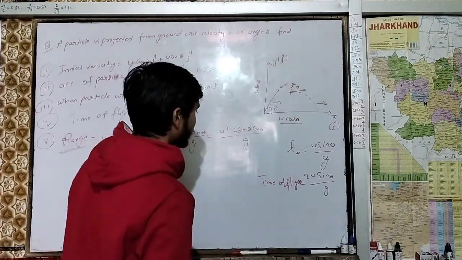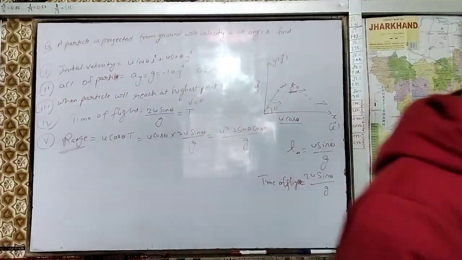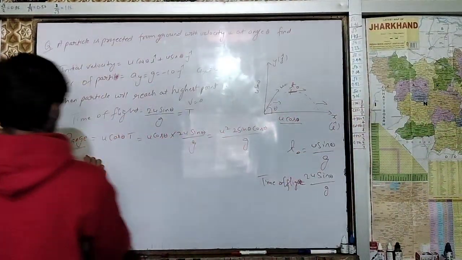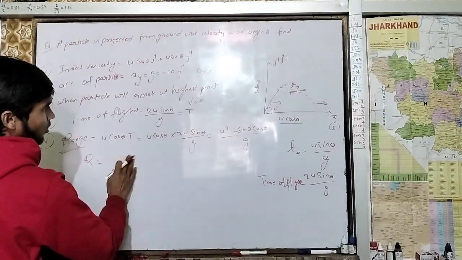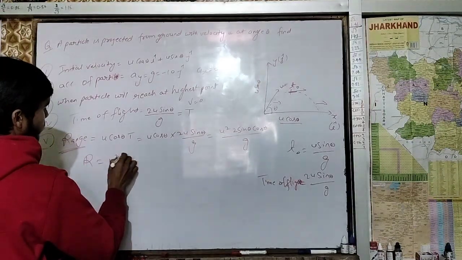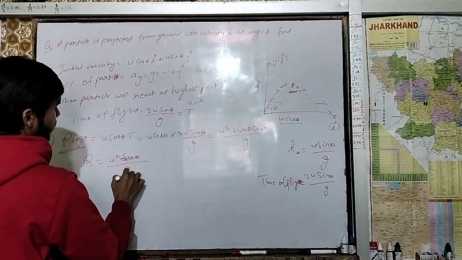As you know, 2 sin theta cos theta is sin 2 theta. Yes, sin 2 theta. So u square sin 2 theta upon z.